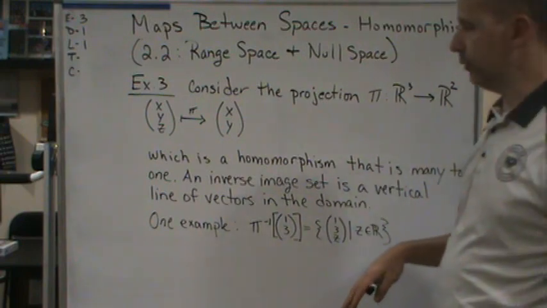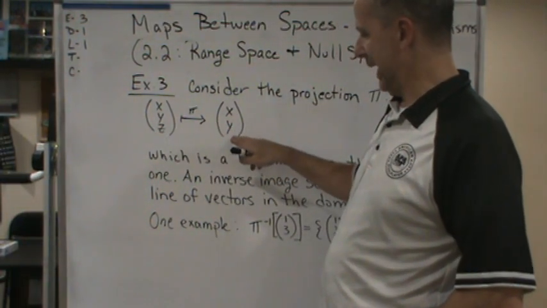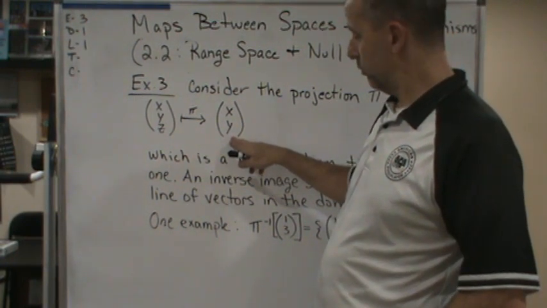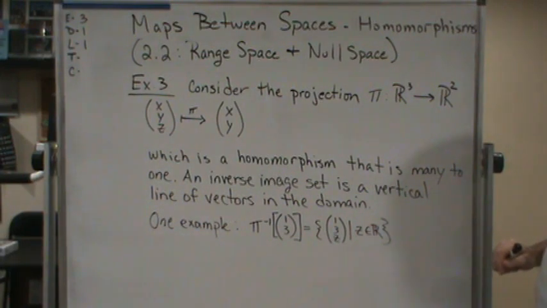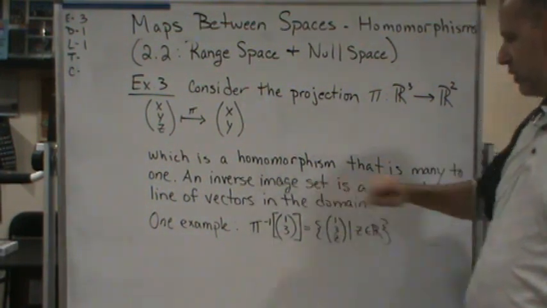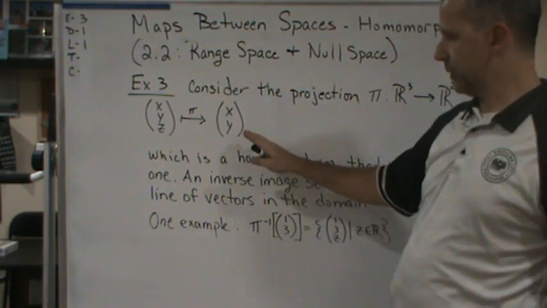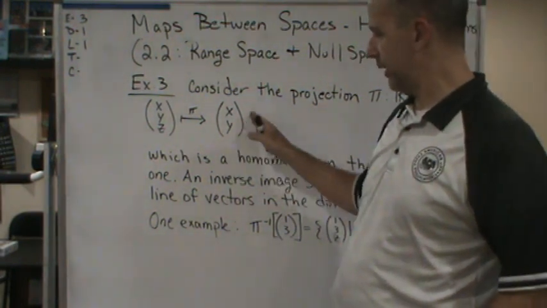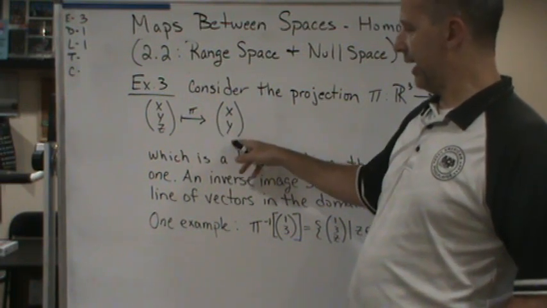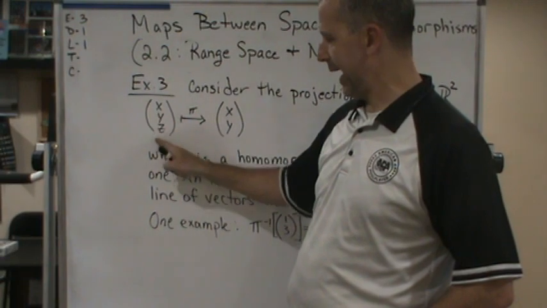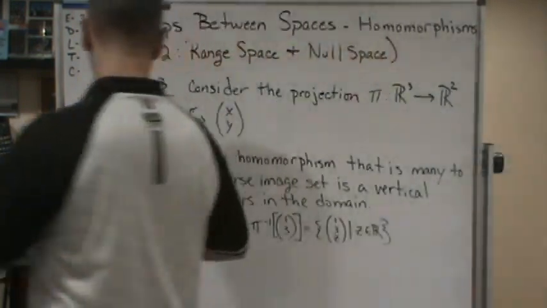In this case, there's an inverse image set that is a vertical line of vectors. Because if you start with a point in the plane, or a vector in the plane, the only thing that's different is you're adding a z component.